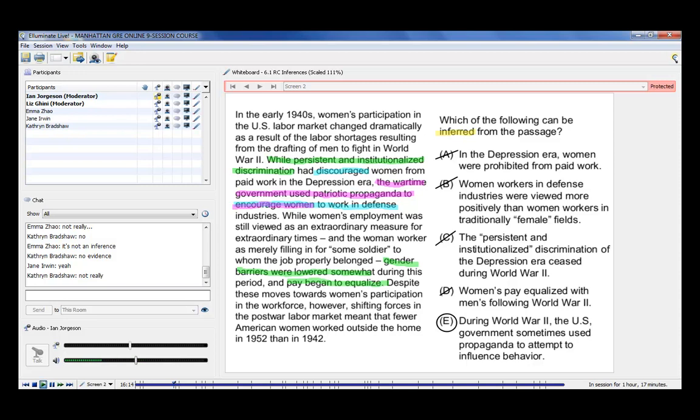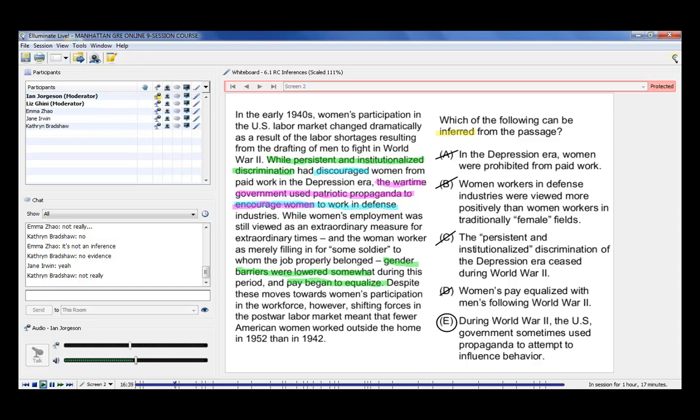The hardest ones of these infers require us to take two separate details and put them together to get the answer. But even then, the correct answer is not something that's simply likely to be true or probably true. The correct answer to an inference question is something that, given the information in the passage, it must be true.